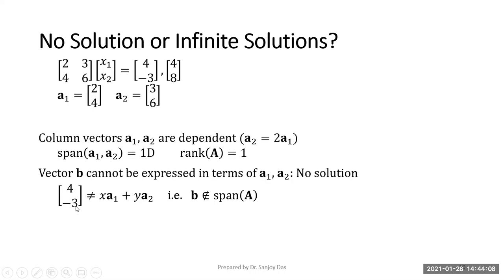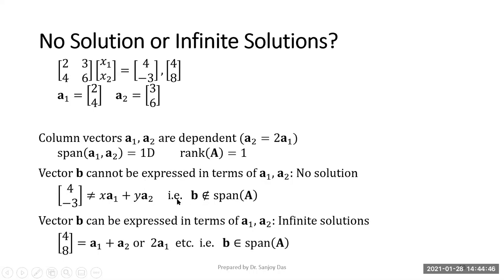So 4, negative 3, if this is our vector B, this does not lie in the span of A1, A2. B does not lie in the span of A. This is shorthand for span of A1, A2, the span of the columns of this matrix A. And therefore, we cannot find any X1 and X2 that satisfies this expression with B equals 4, negative 3.